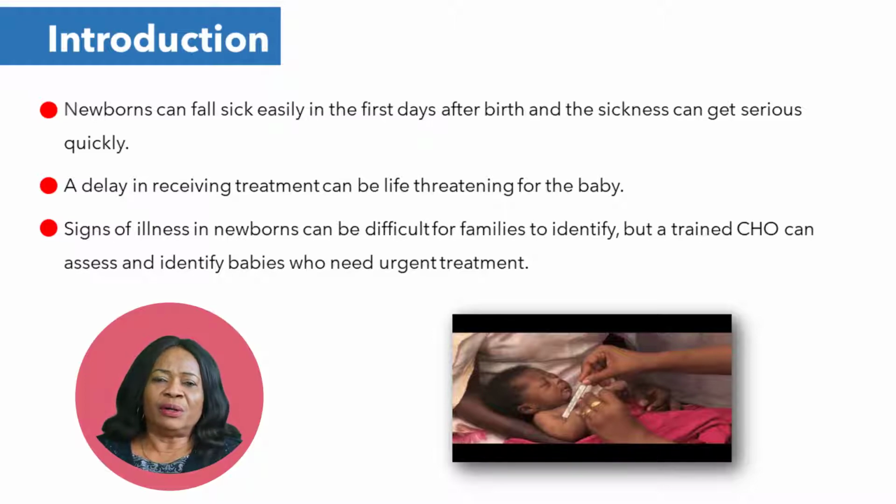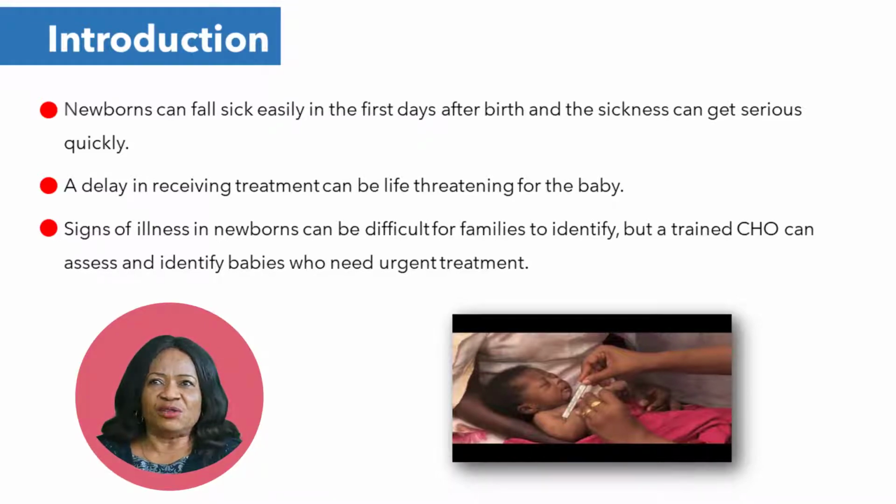When you are in the community, you should try during your home visits or outreaches to identify these sort of problems, and then, of course, that will require your emergency treatment.